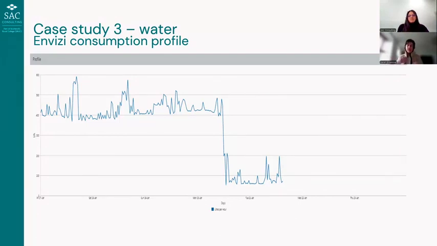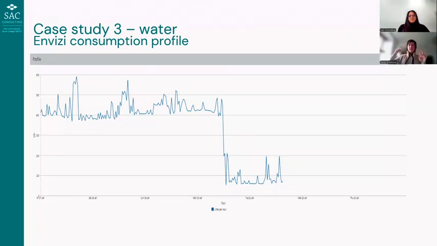They're not restaurants, so they're not a shop where you would expect a lot of water consumption to take place. Yet what you can see to the left of the graph is a constant consumption of at least 400 liters of water per hour. So that's obviously massive, and that's concerning.